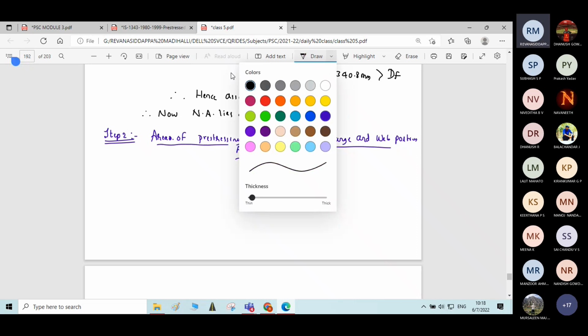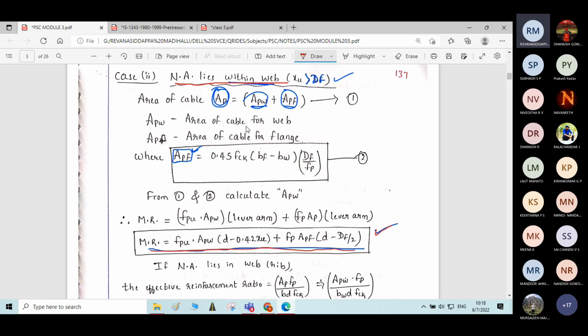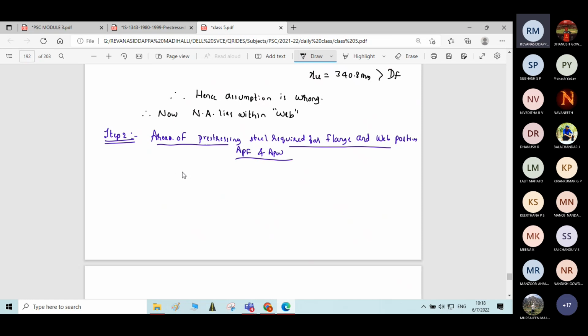So we know the formula for finding APF and APW: APF is equal to 0.45 FCK into (BF minus BW) into DF by FP.